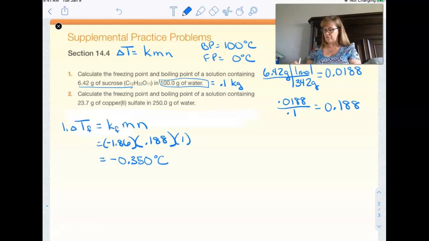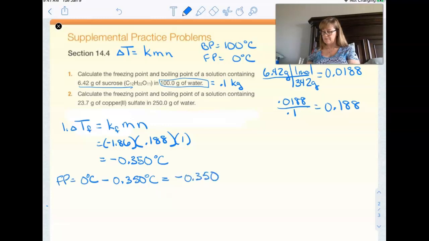So you're going to take your freezing point, which is 0 degrees. Now for other solvents, it's going to be a different temperature because everything boils and freezes at different temperatures. But because our solvent was water, that's why we start with 0. And we're going to minus our 0.350 degrees. So our new freezing point is a negative 0.350 degrees Celsius.